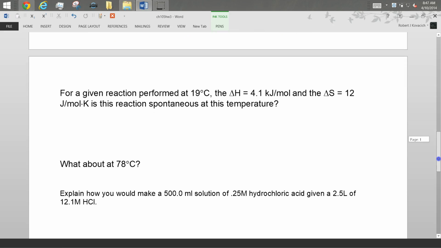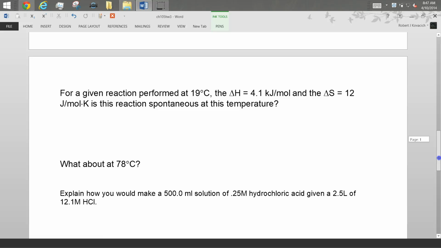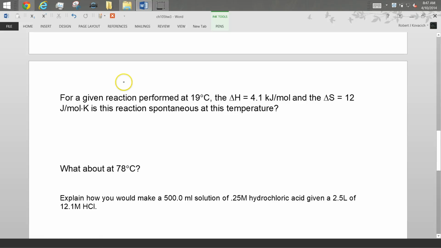Okay, so the equation for this one is really simple: delta G is equal to delta H minus T delta S. The only way to make this at least a little complicated is to screw around with the units. The temperature needs to be in Kelvin, so that 19 needs to get turned into Kelvin.